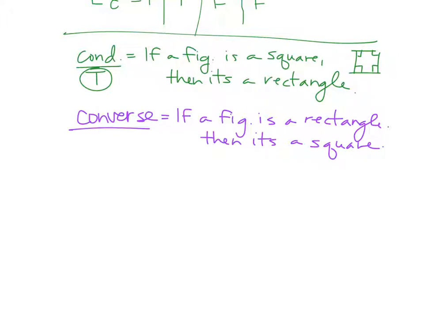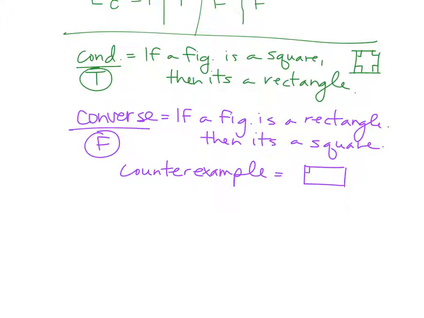Is that true? Is every rectangle a square? No, this is false. That means my counterexample, you can just draw a picture rather than try to explain it in words. A counterexample would be this. That is a rectangle, so the if part is true, but it's not a square. The then part is false. Okay, so that's a counterexample.